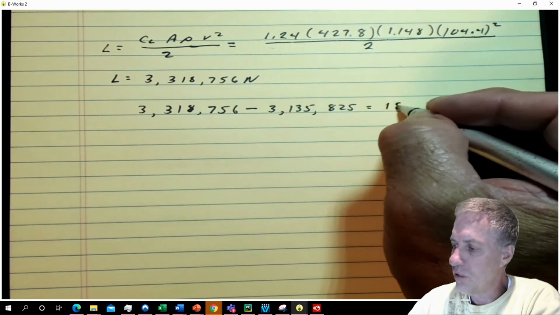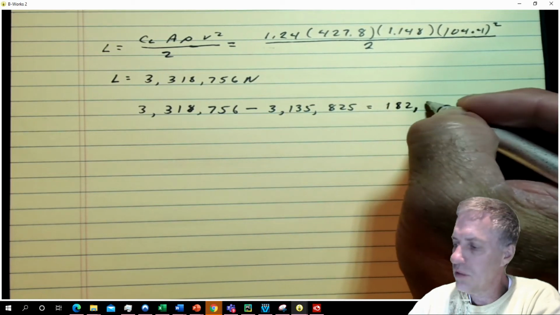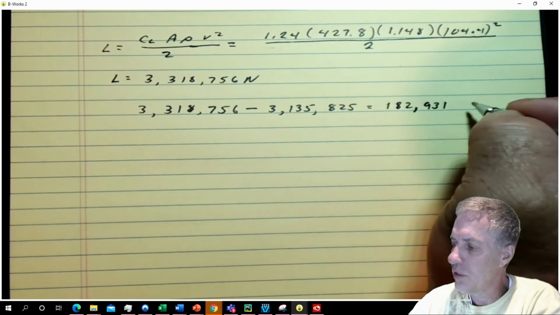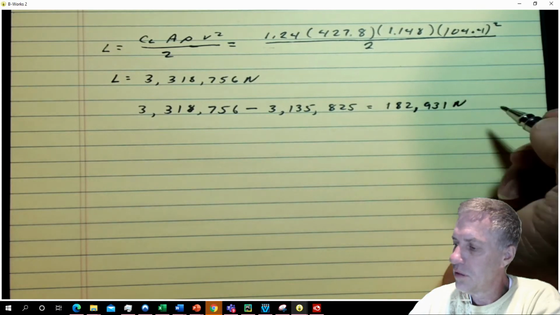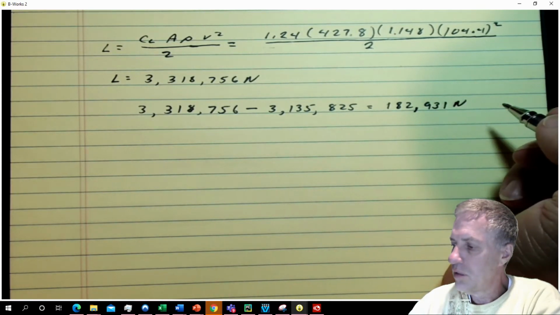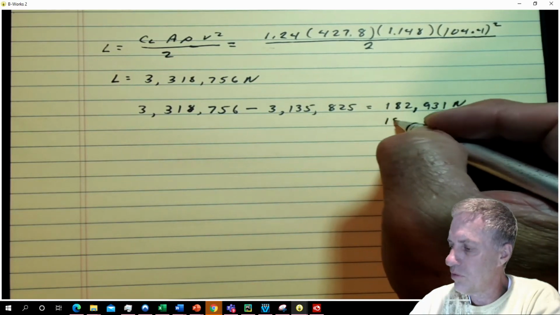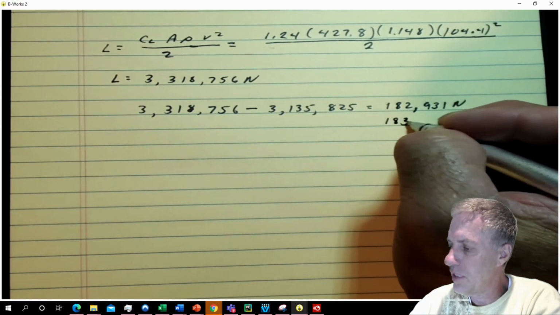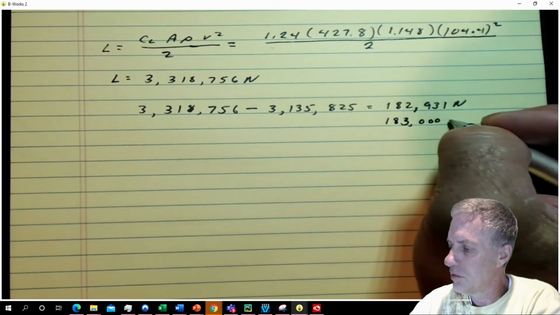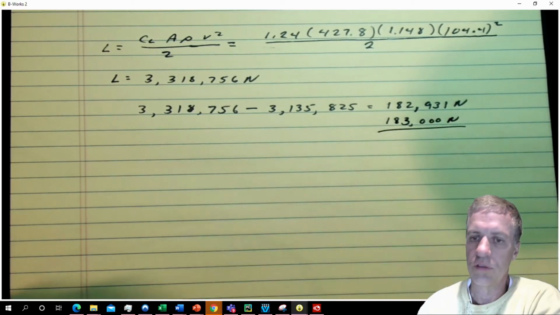So that comes out to 182,931 newtons. Rounded off, we come out with 183,000 newtons.